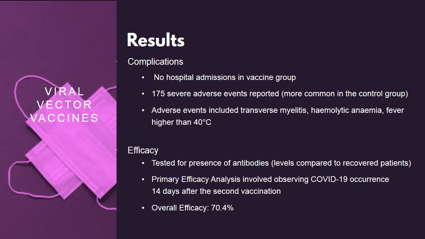This process was continued for a period of 4 months, and during these months, it was seen that 70.4% of the participants did not show any COVID-19 symptoms and did not test COVID-19 positive either.